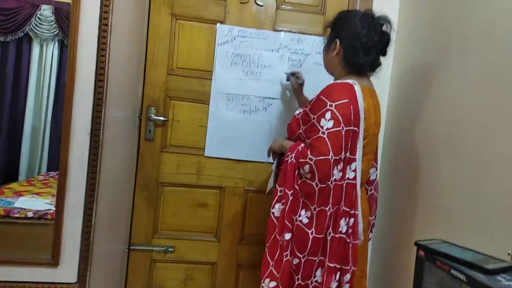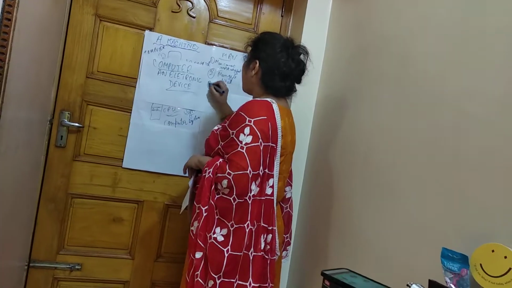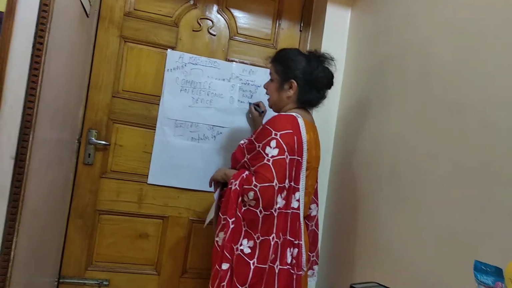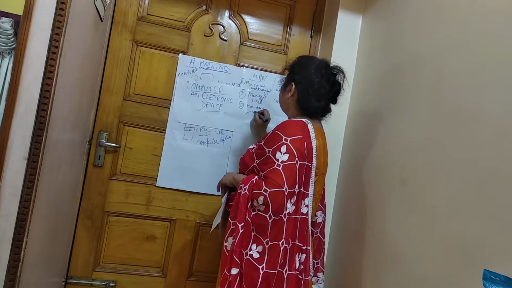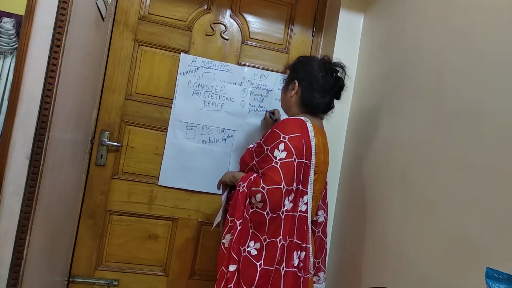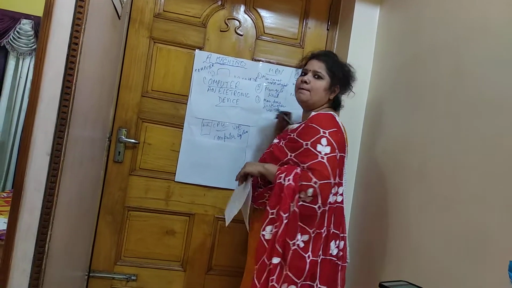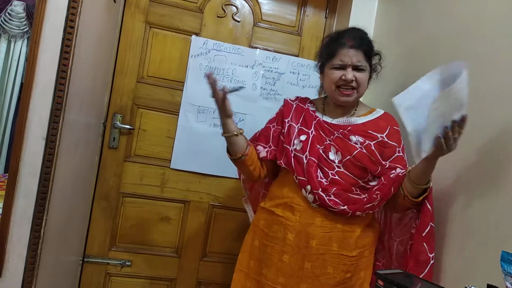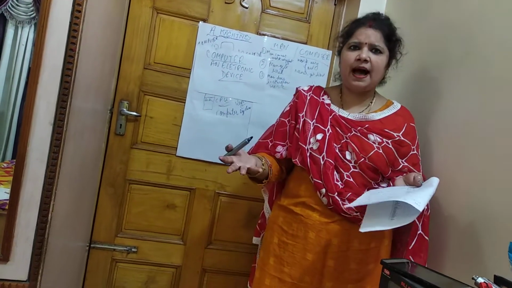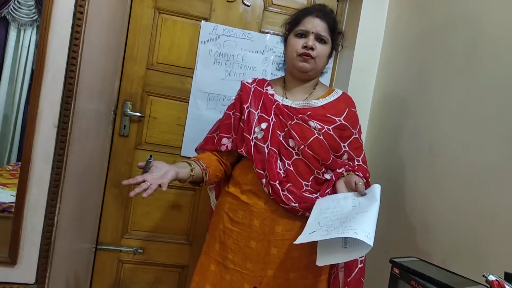Then the third difference between man and computer is that man does not need anybody's instruction to work. Man works by themselves. They don't need anybody's instruction. Nobody will come and give orders to man to do the work.